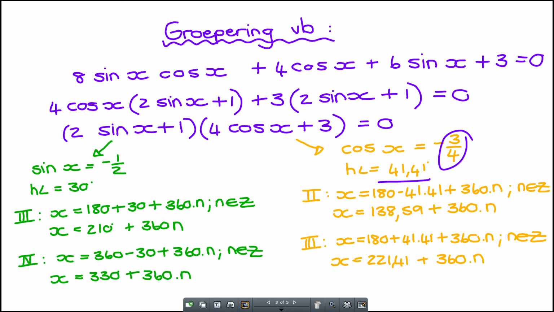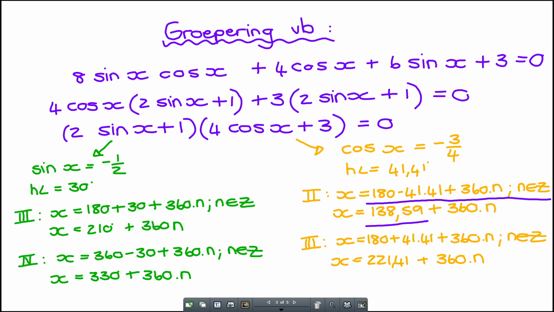So I say shift cos 3 over 4, and that gave me 41,41. In quadrant 2, we usually say 180 minus the help angle, and then plus 360n, element of integers. If I simplify 180 minus that 41,41, I get 138,59.